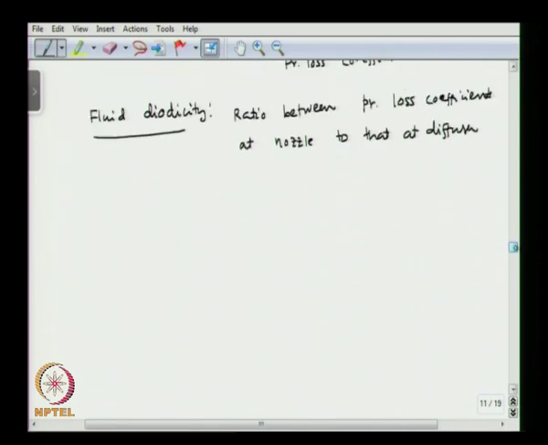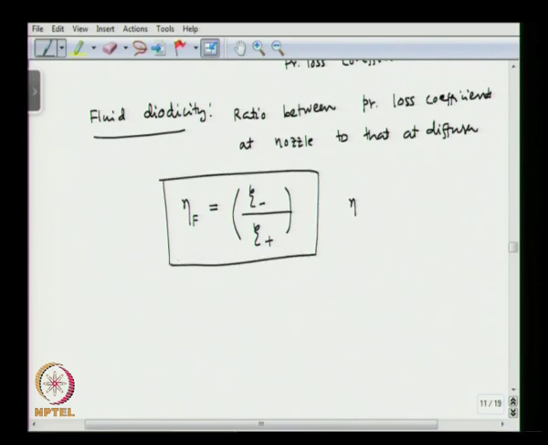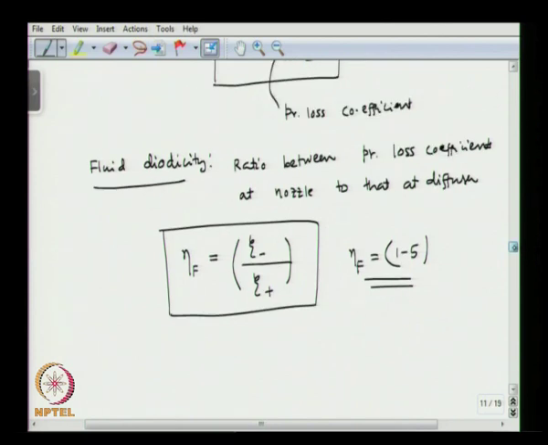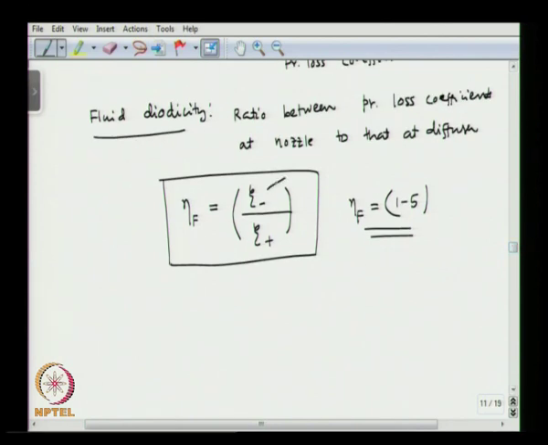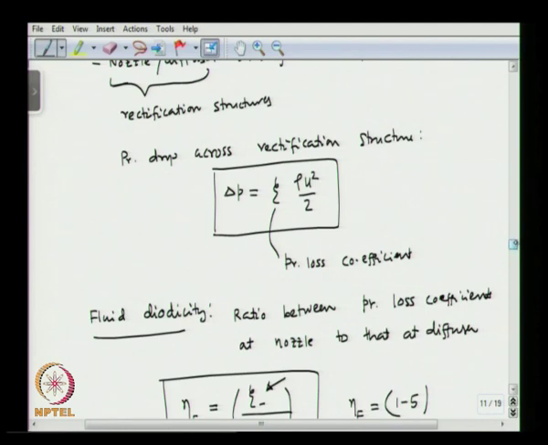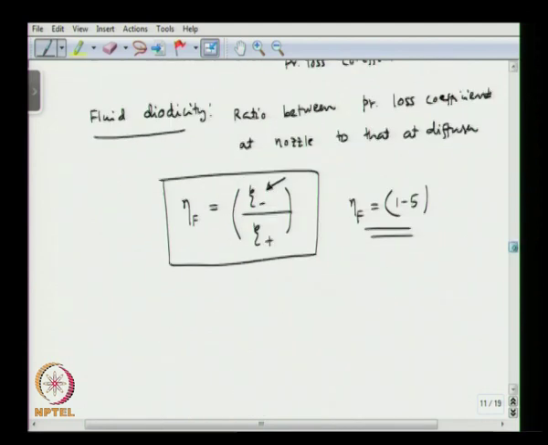So we define the fluid diodicity by the parameter eta f, which is given by xi minus, the pressure loss coefficient for the nozzle, divided by xi plus, the pressure loss coefficient for the diffuser. Eta f has a value typically between 1 to 5. Definitely the pressure loss coefficient for the nozzle is more, so that results in larger pressure drop across the nozzle.